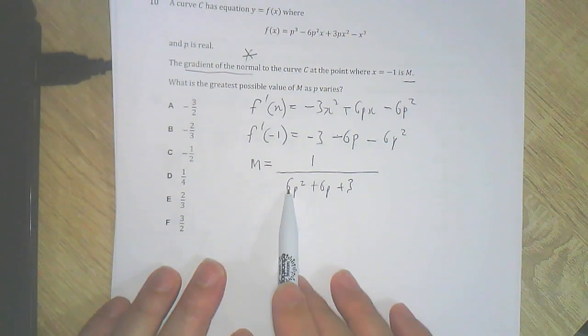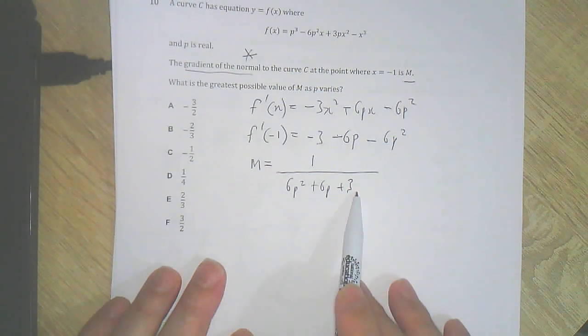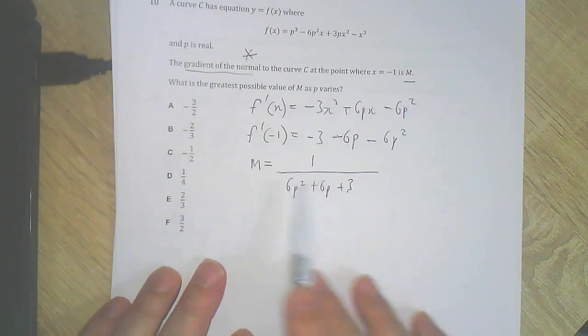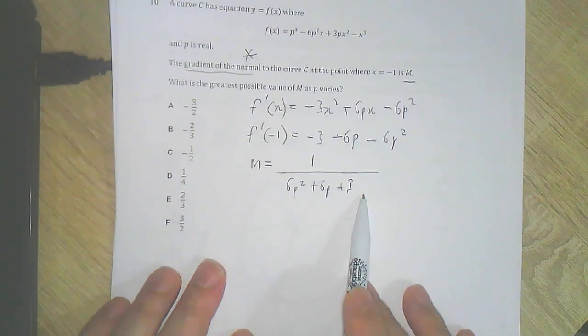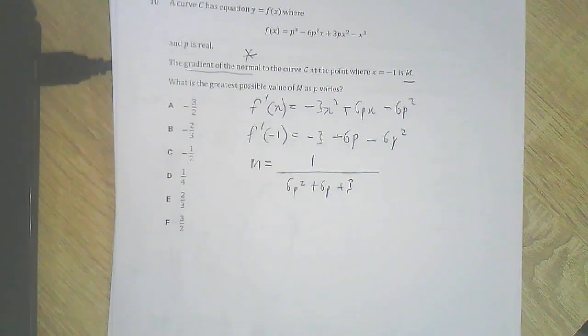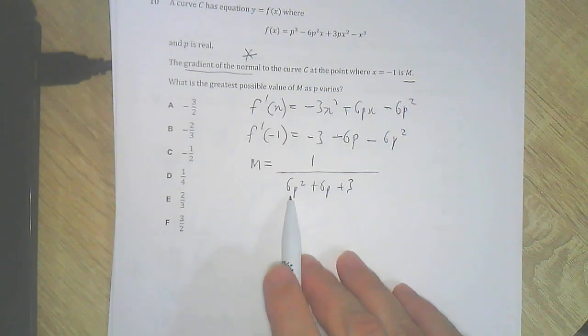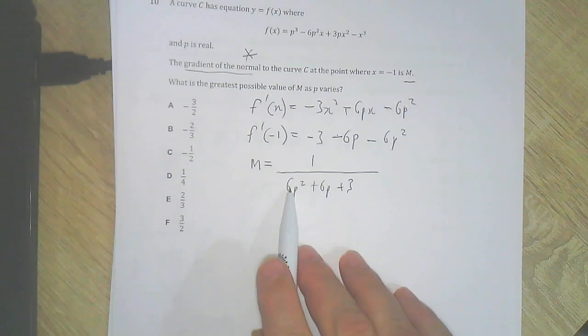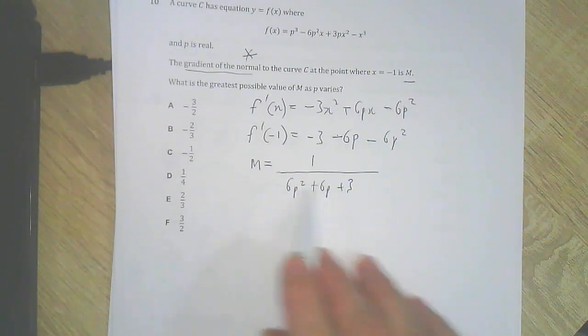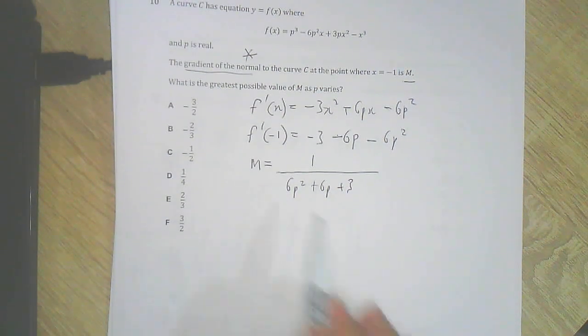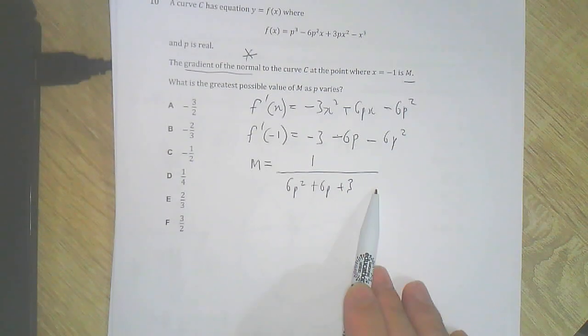Well, we've got a quadratic in p here, and also I noticed that everything's a multiple of 3. I'm thinking about if we're looking for a maximum or a minimum or some sort of turning point, it looks like a good idea to complete the square here.